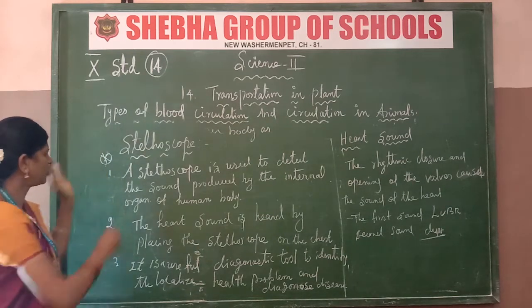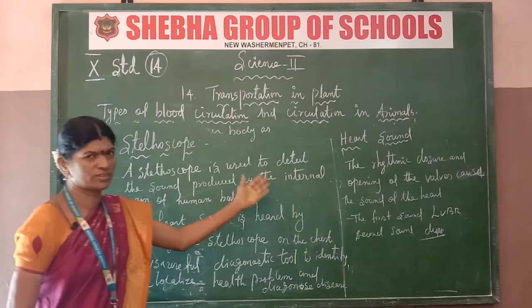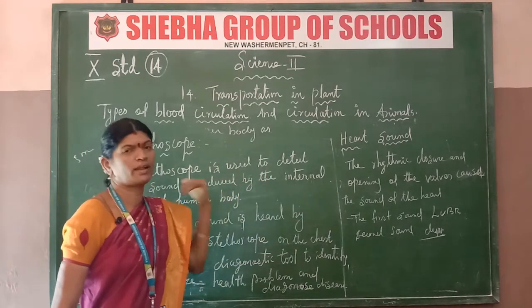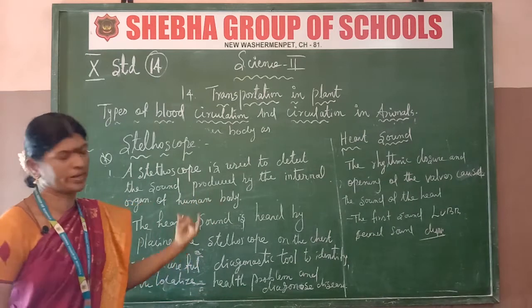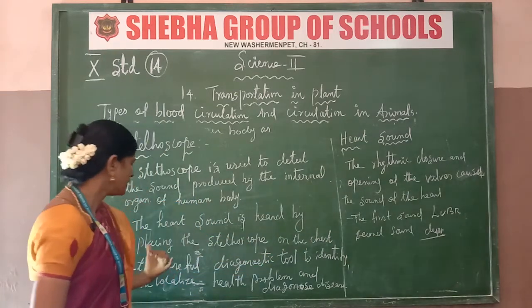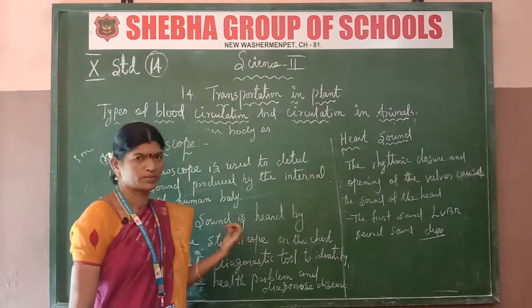Okay, stethoscope, 5 more points. A stethoscope is used to detect the sounds produced by the internal organs of the human body. Next one: the heart sound is heard by placing the stethoscope on the chest region. It's clear.